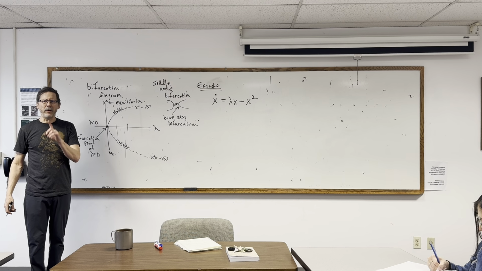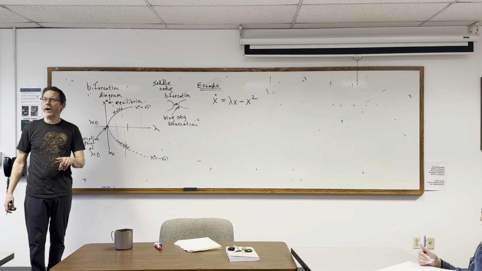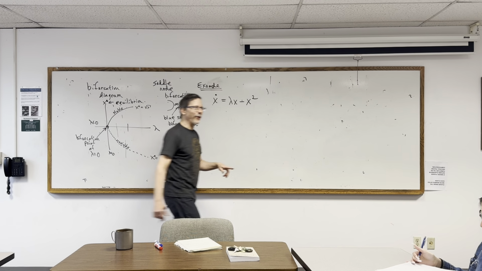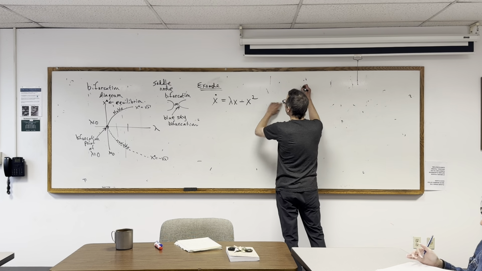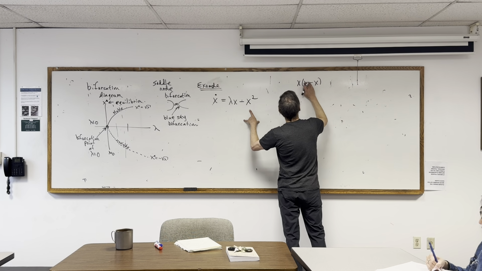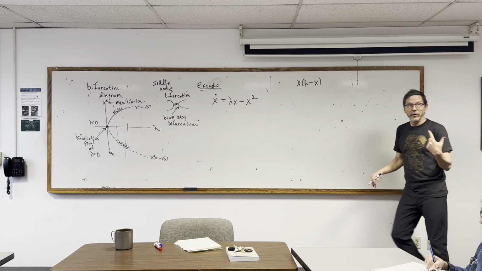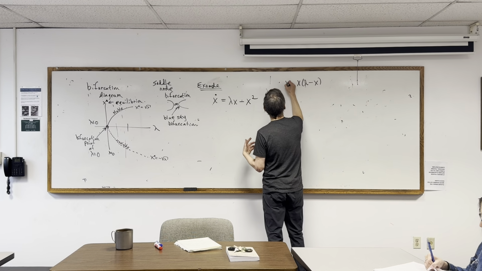So you might be like, oh my God, I've never done a parametric analysis. That sounds right. I would first just notice that this right side can be factored like that. So notice that this equation is actually this equation.